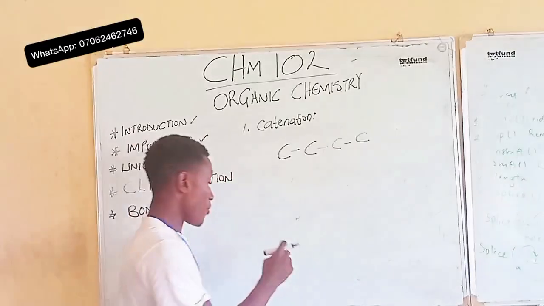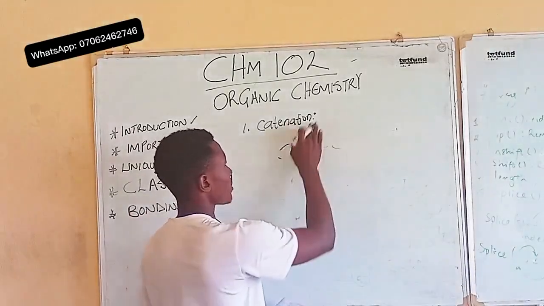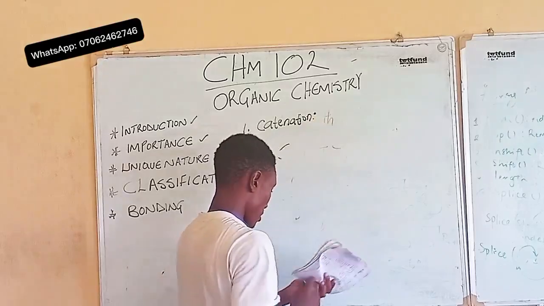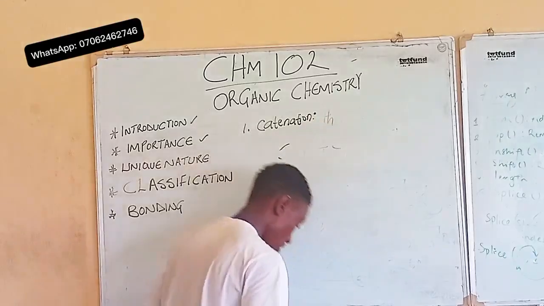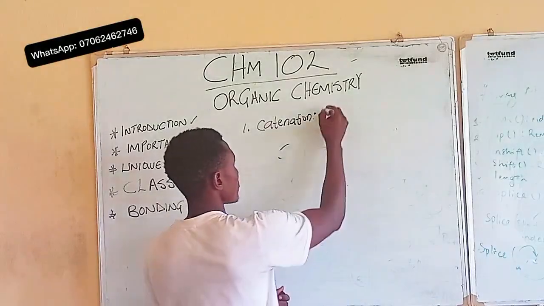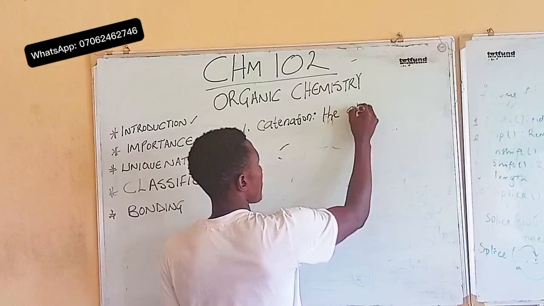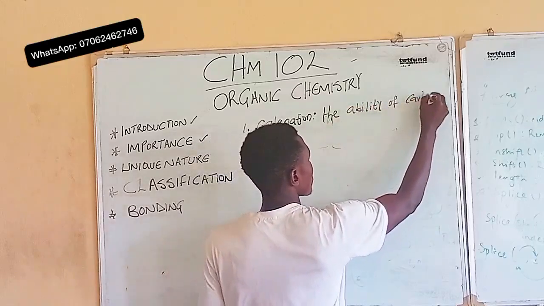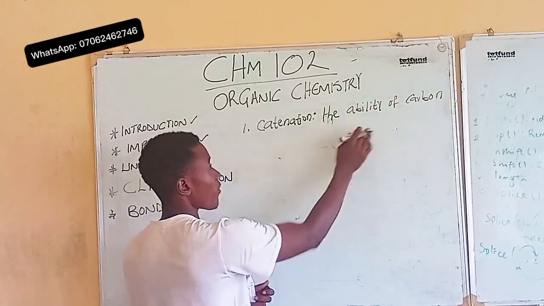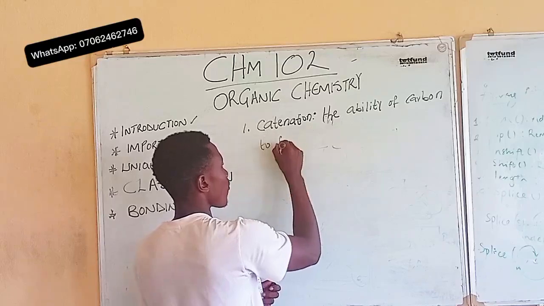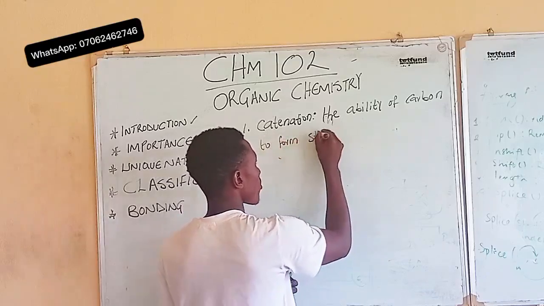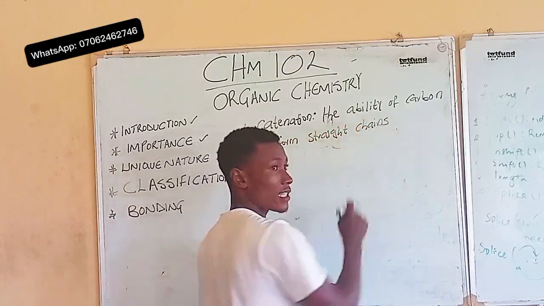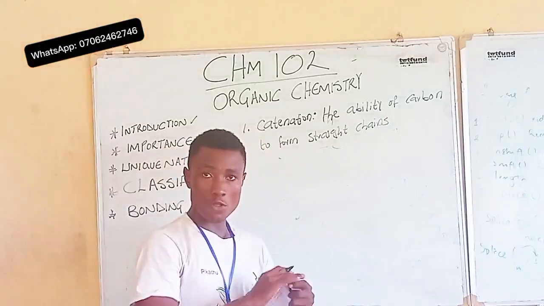So we say catenation is the ability of carbon to form straight chains, and I say this chain can be branched or unbranched.